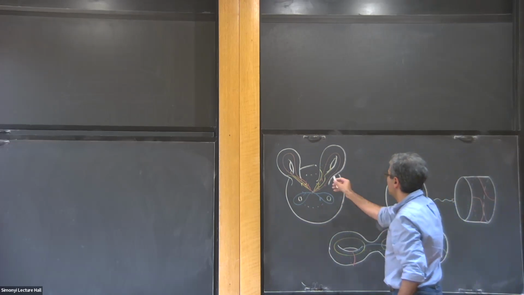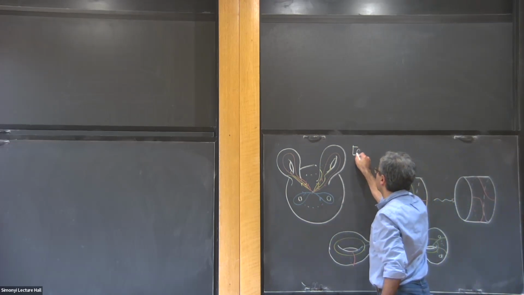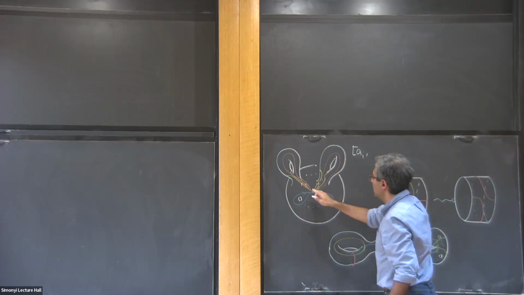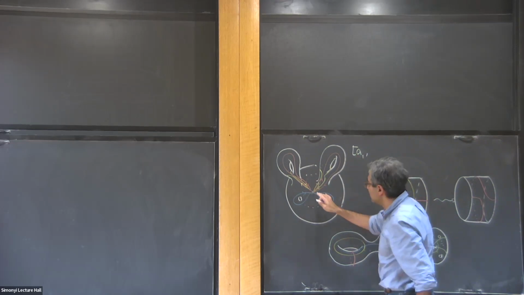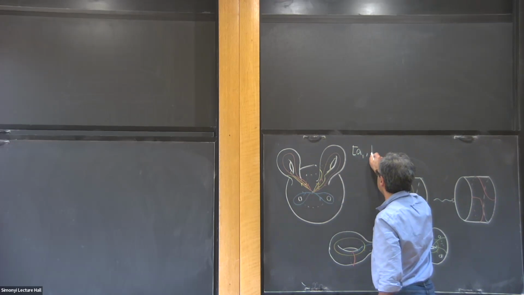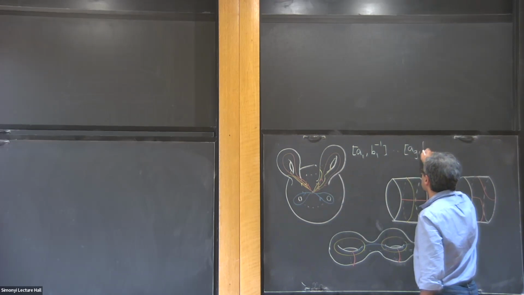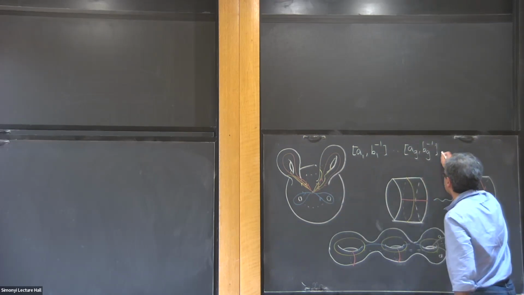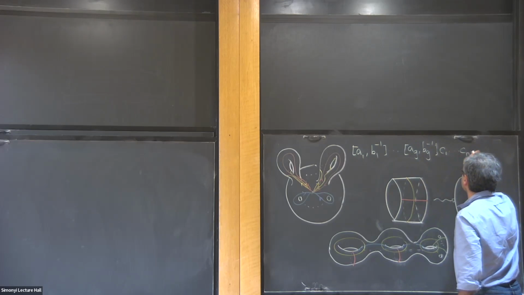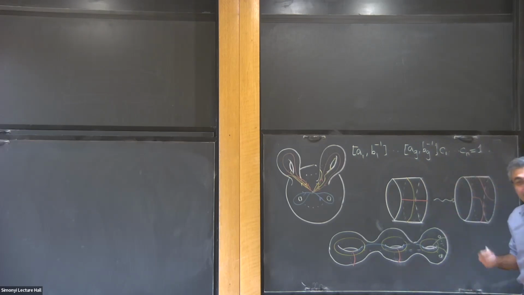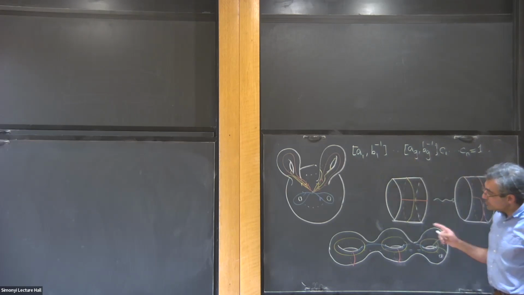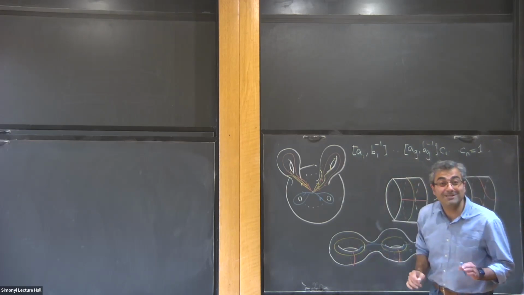That way you get this relation. But in order to be actually correct and get the commutator as I promised, you have to take the inverse of B1. So it's slightly different from the relation that we often present for the fundamental group because of these inverses. But I chose those for a particular reason.